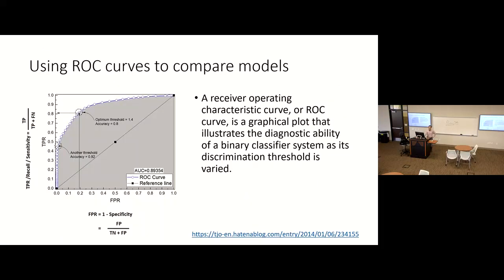Another way is the ROC curve. I don't know how many of you have seen this before. In this ROC curve, you have the space defined by the false positive rate. The false positive rate is also defined as 1 minus specificity. If you look at the definition, it's the ratio between these two numbers.